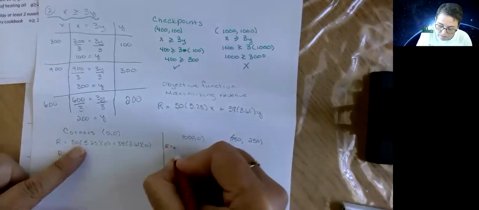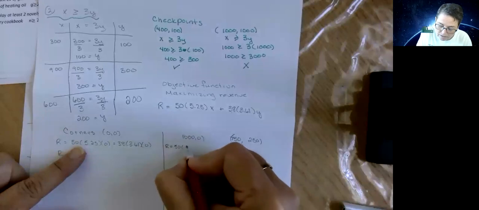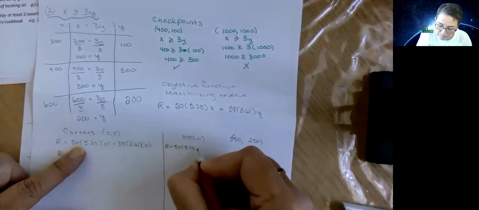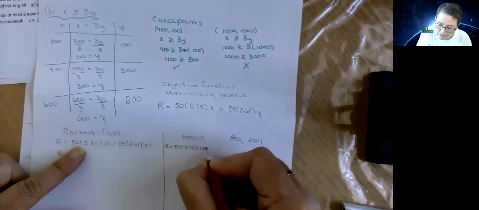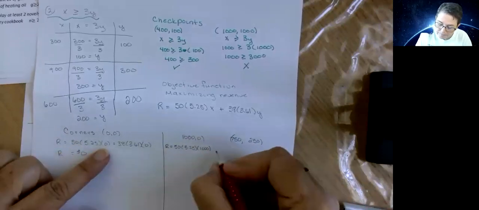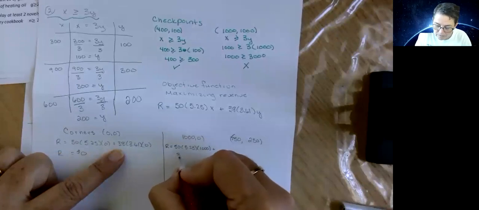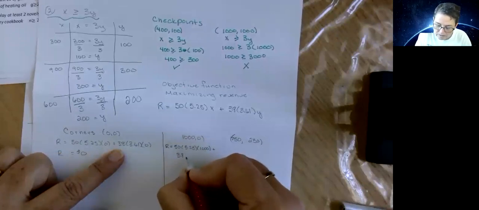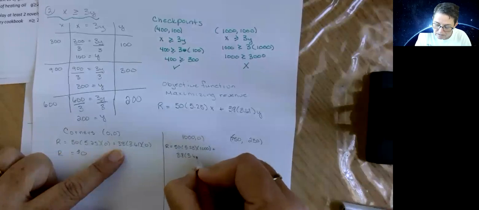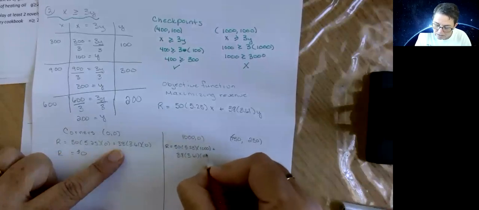R is equal to 50 times 5.25, or maybe he just plants it all in wheat, plus 38 times $3.61 times 0.